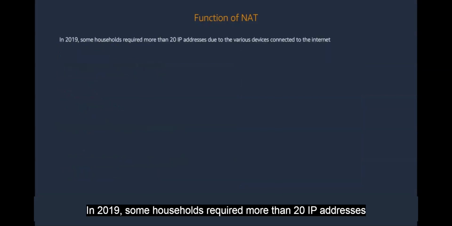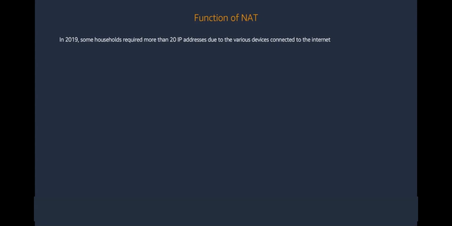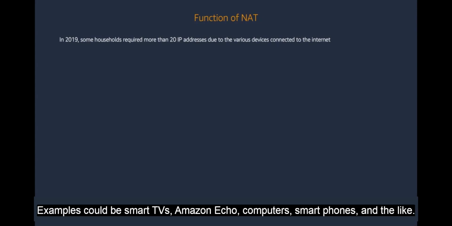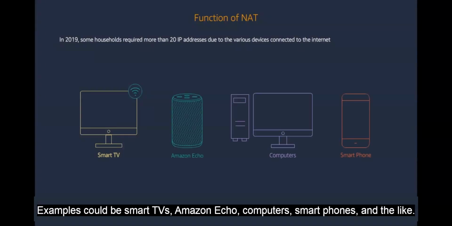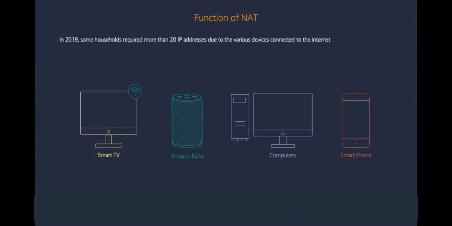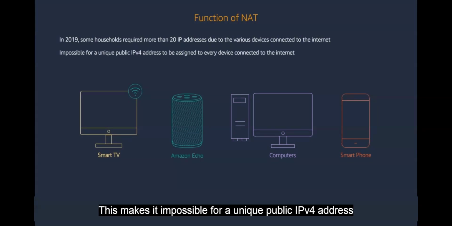In 2019, some households required more than 20 IP addresses due to the various devices connected to the Internet. Examples could be smart TVs, Amazon Echo, computers, smartphones, and the like. This makes it impossible for a unique public IPv4 address to be assigned to every device connected to the Internet.